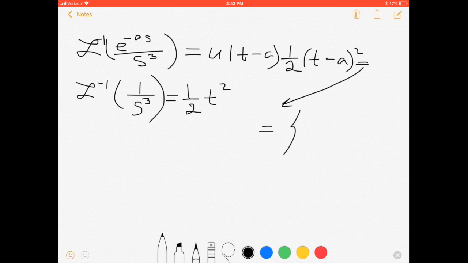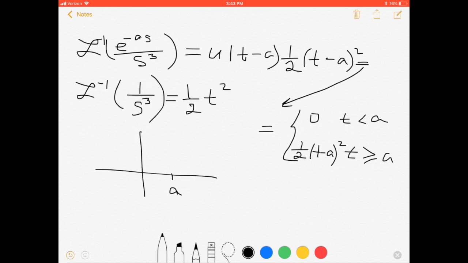Or we can write it this way, which will be clearer for understanding. This is equal to exactly 0 if t is less than a, and if t is greater than or equal to a, you have one half (t minus a) squared. It's more correct this way. If this is your point a, here we have some parabola.